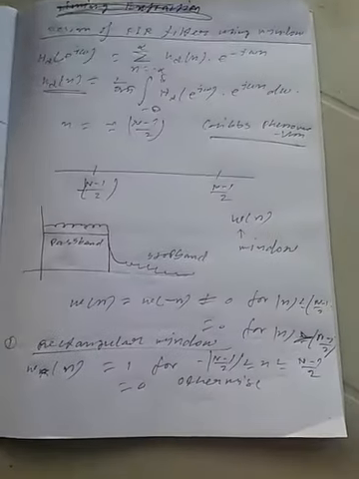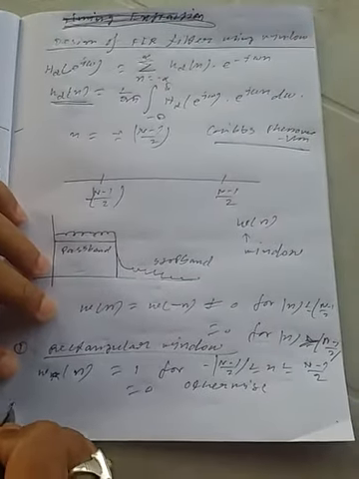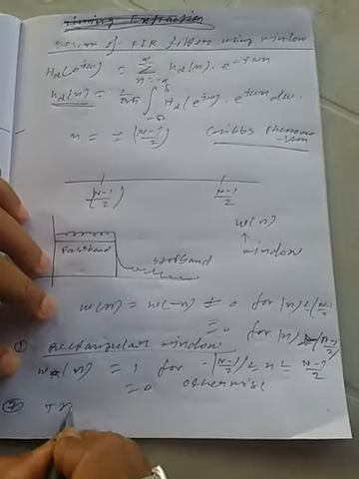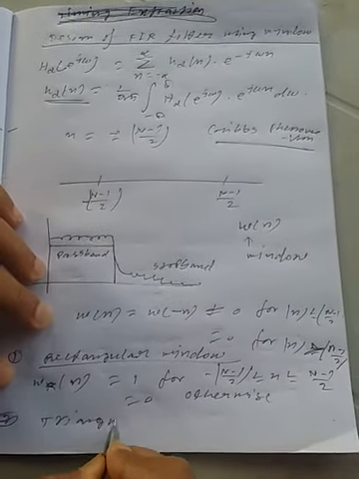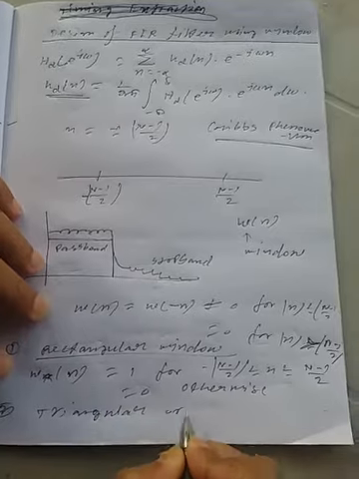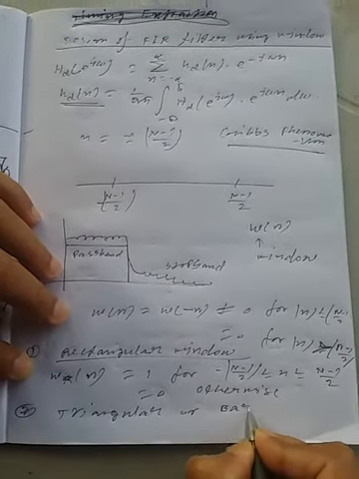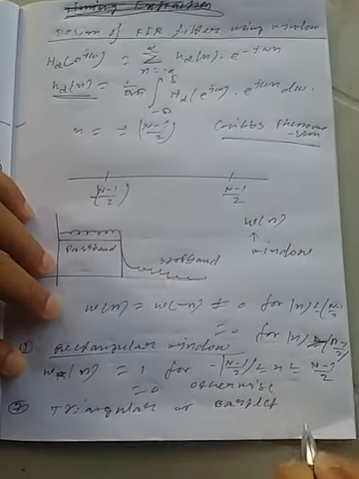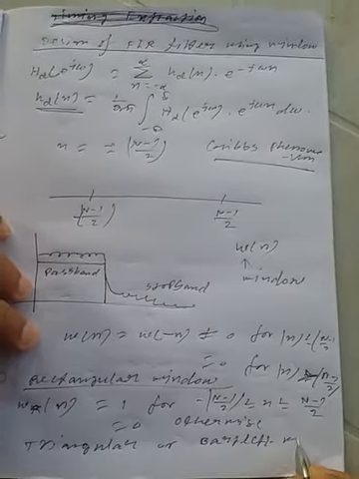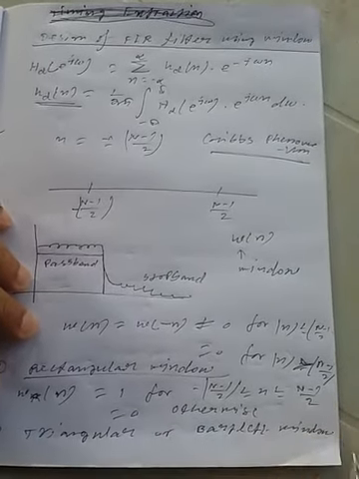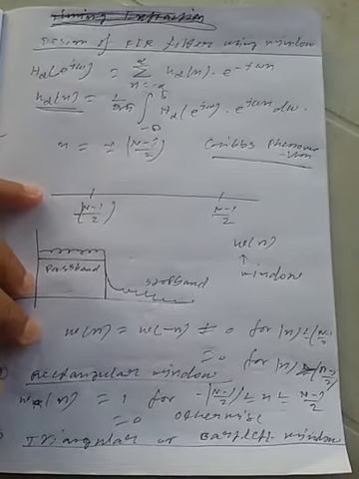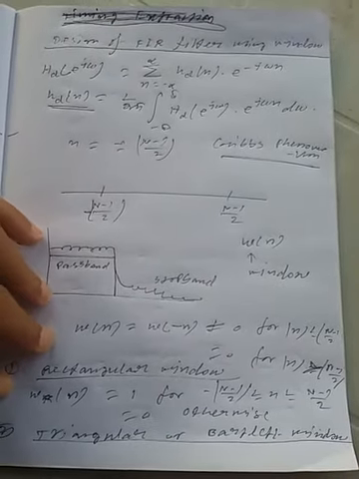Another window is the triangular or Bartlett window. So what is the expression for the triangular or Bartlett window?